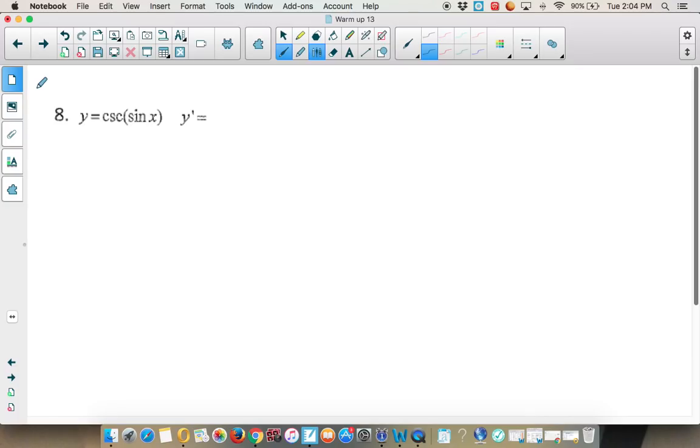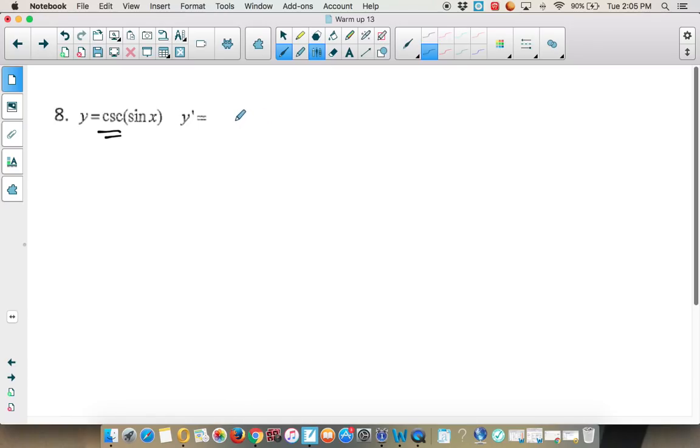We're going to finish the examples on those sheets. So the derivative of cosecant, which is my outside, is negative cosecant cotangent, and it's negative because it's a trig function that starts with c.